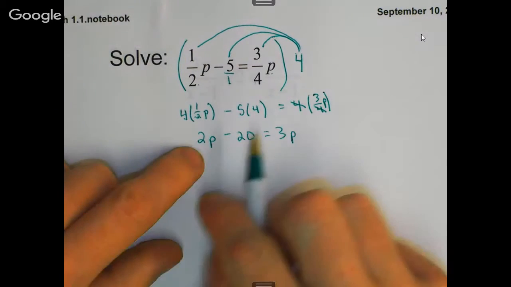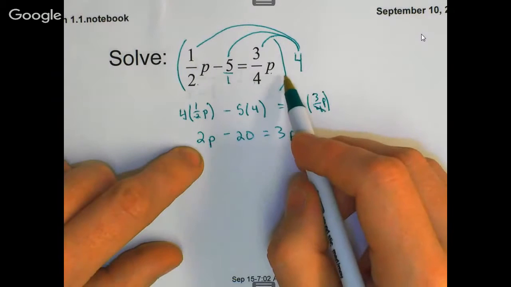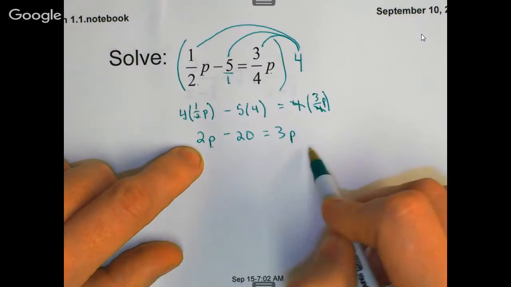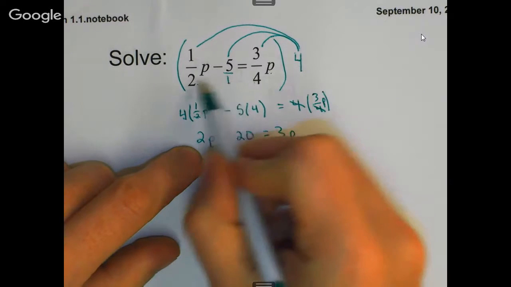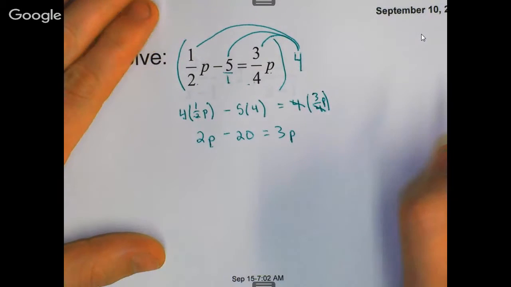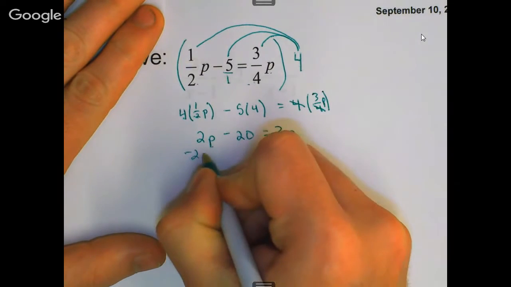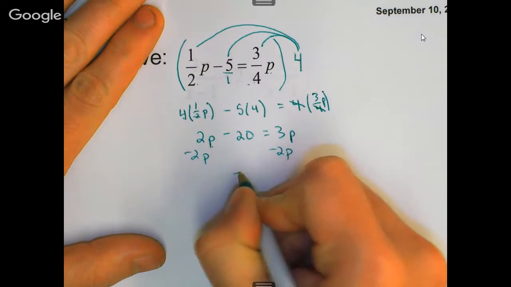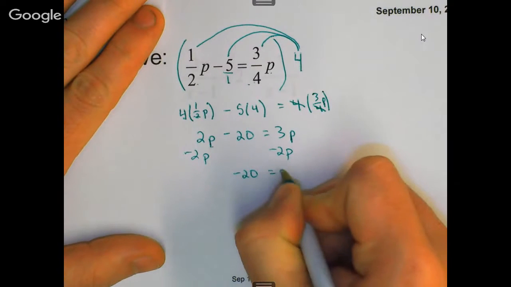So as you see, just by multiplying by my common denominator, all my fractions go away. I could have gotten a common denominator and combined like terms, but just get rid of all your fractions. So we'll subtract 2p, minus 2p, negative 20 equals p.